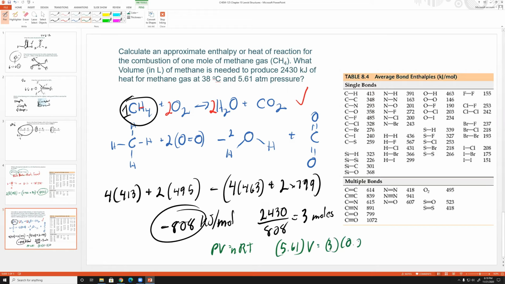An R is 0.08206. And our temperature has to be converted to Kelvin, which is 38 plus 273, which is 311. So it's going to be 311 on the bottom right if you're looking at the screen. And then we can divide the right side by 5.61 to come up with your liters.